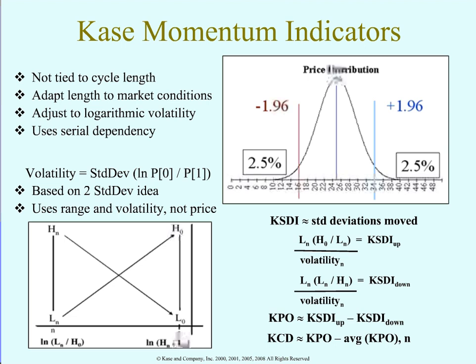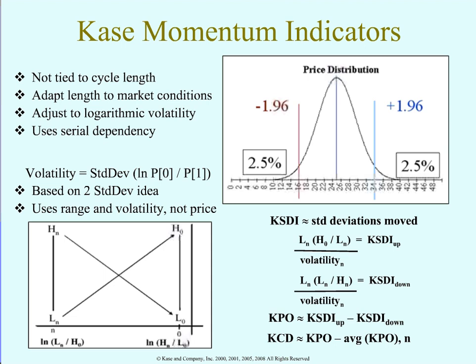Yeah, the logarithm in the subscript is correct. Inside it's H sub 0 divided by L sub n. That's correct. That's the high today divided by the low n days ago. Okay?